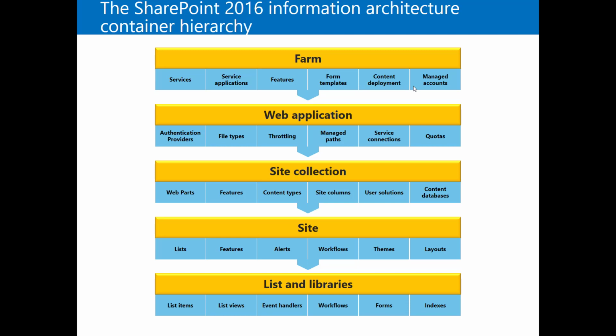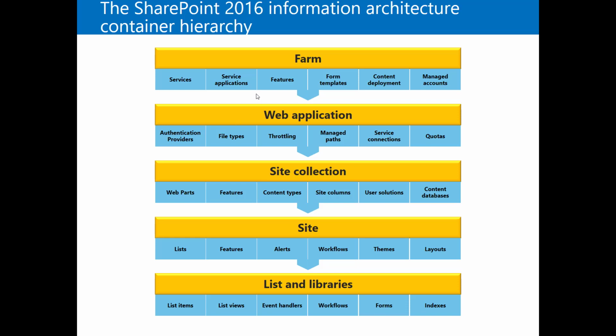We will discuss it later on, but the first point that you need to focus on is the web application. When you design your information architecture, the first thing that you will do is build your own web application, which represents two things.